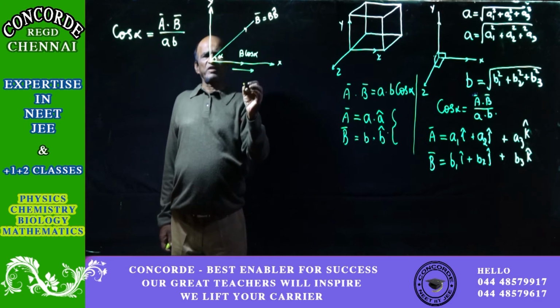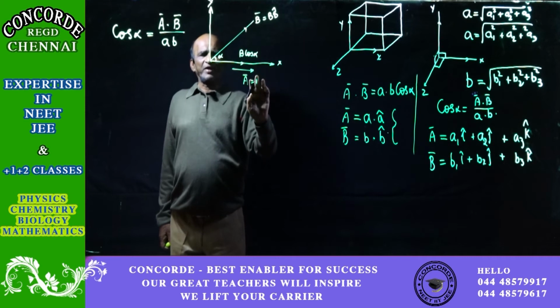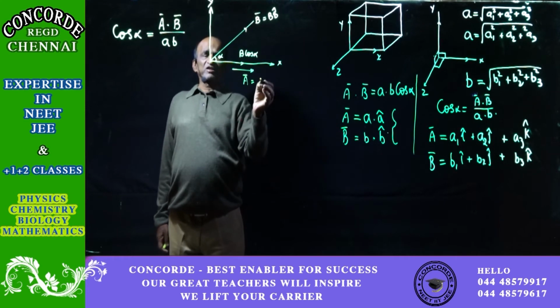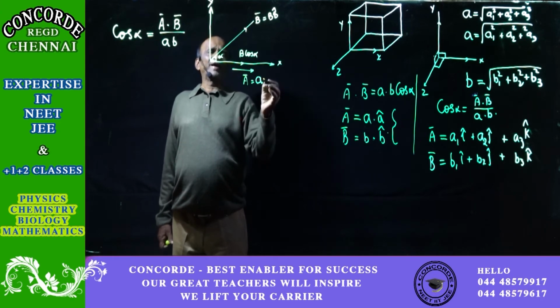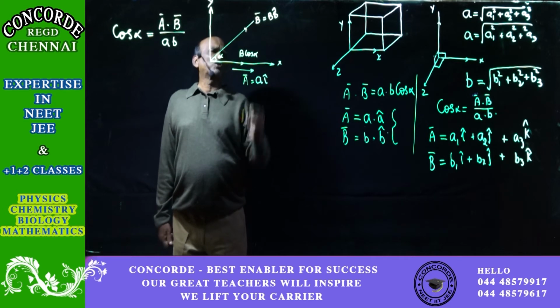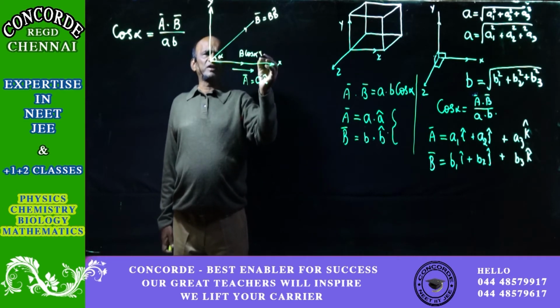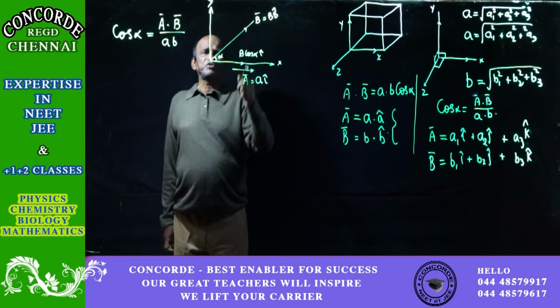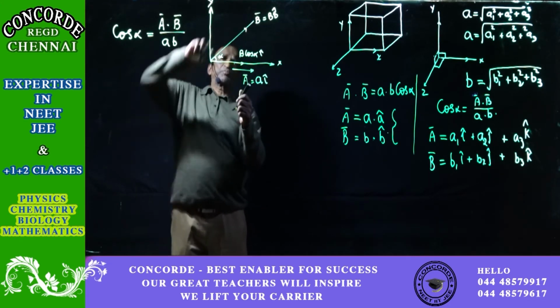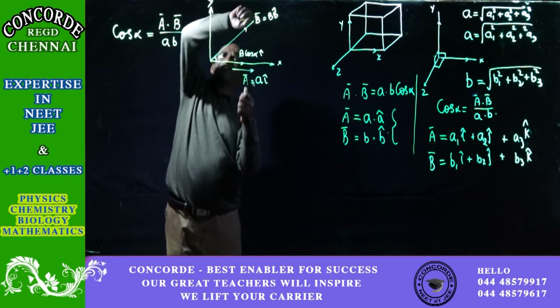Another one was A bar. Now that the magnitude is represented by small a, so bring it. And then it is in the x direction where the unit vector is I. So to convert this also into a vector, here also we have I. And when you multiply these two vectors, it is going to be the dot product of this vector and this vector.